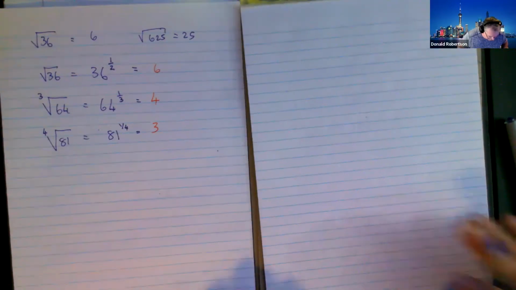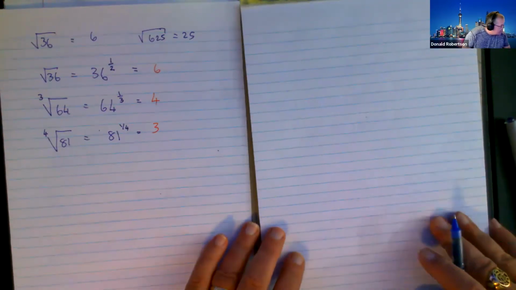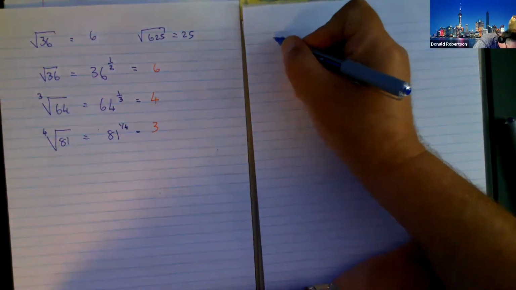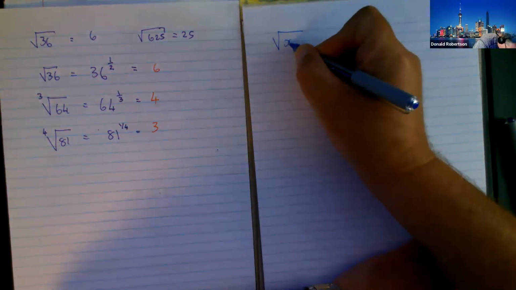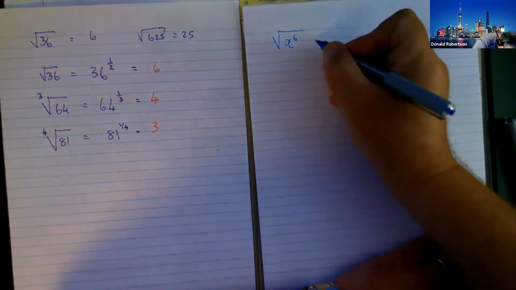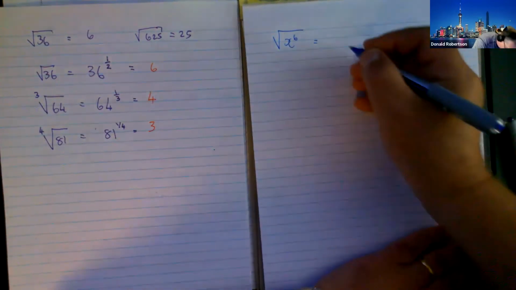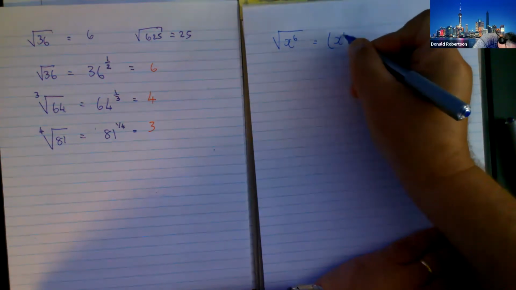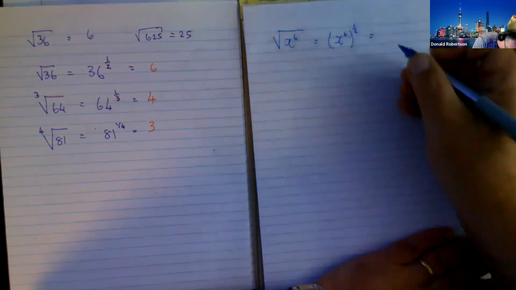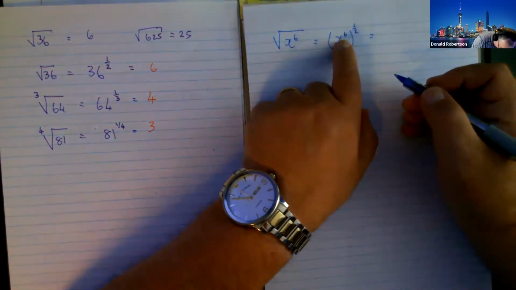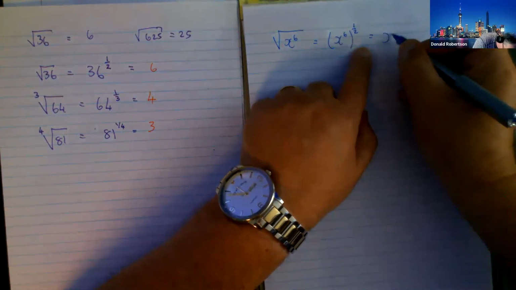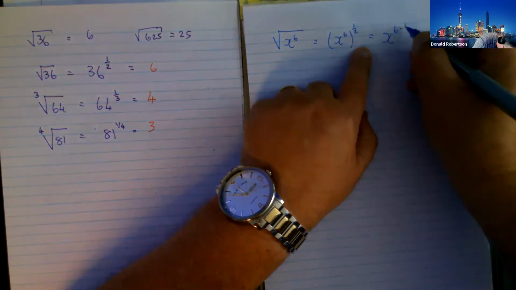Now let's look at situations that don't have numbers. Suppose I wanted to find the square root of x to the power of 6. Well, I'm going to use the fact that square roots are the same thing as half powers. So it's x to the 6 raised to the half. And now there's a rule that says if you've got a power raised to another, you will multiply the two together.